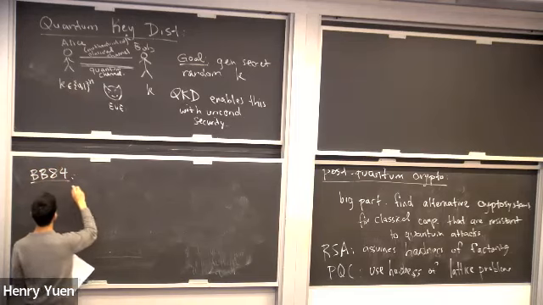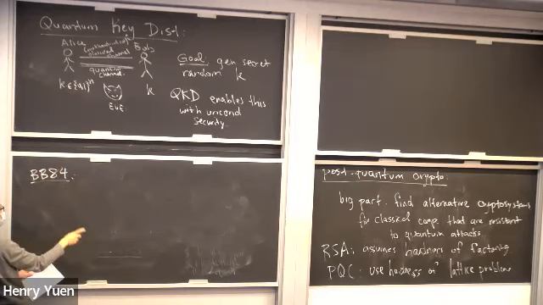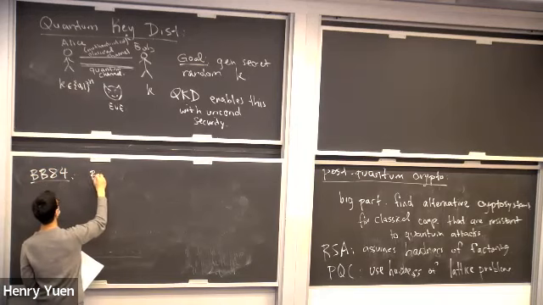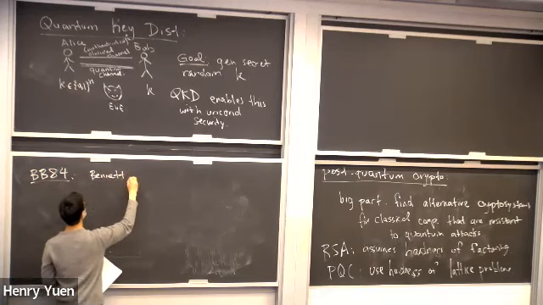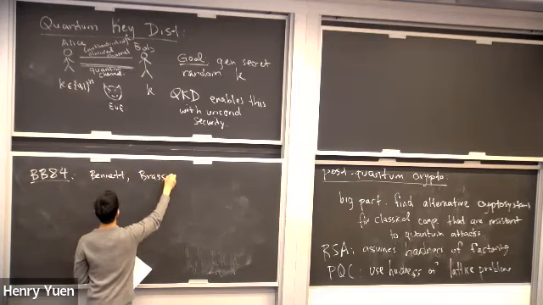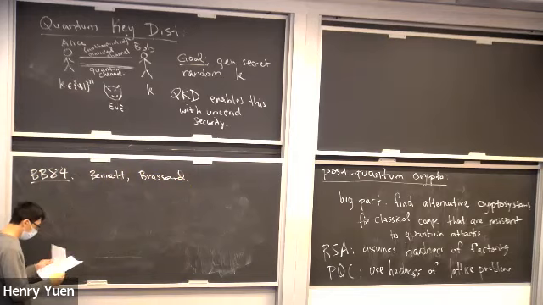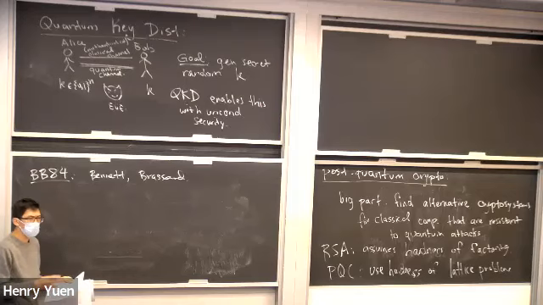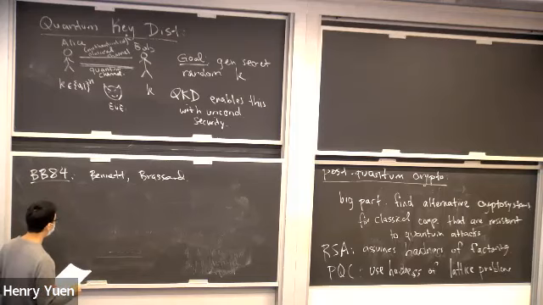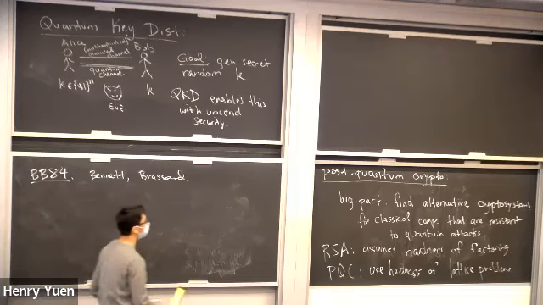It's called this because it was invented in 1984 by Charlie Bennett and Gilles Brassard. So I'll describe the protocol and then I'll get into the intuition for why it plausibly works. There's a bunch of steps, so I should spread this across a couple of boards. I'll move over here.